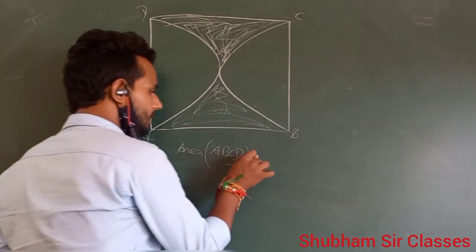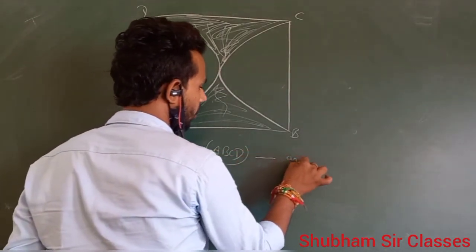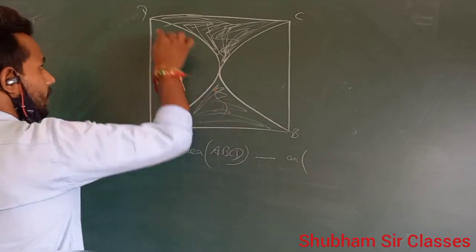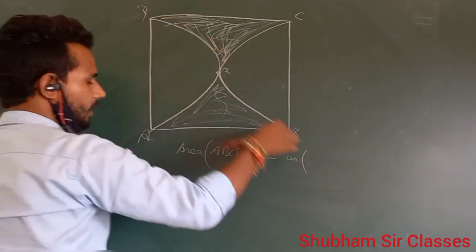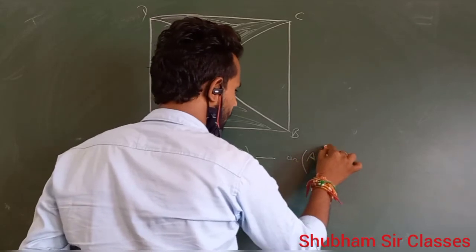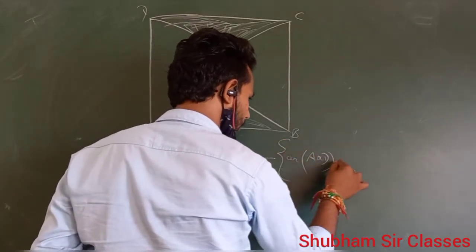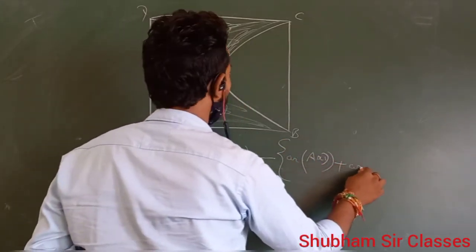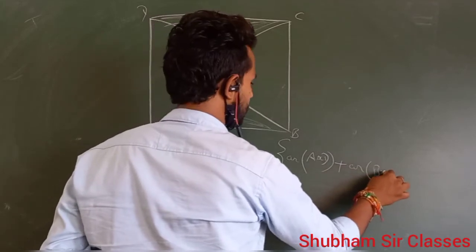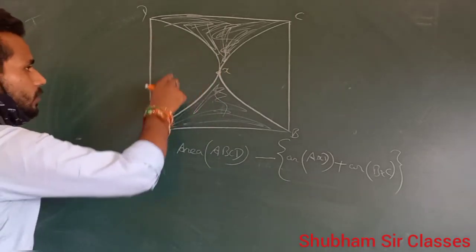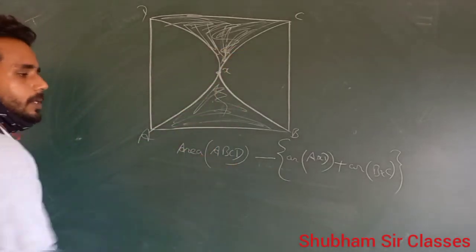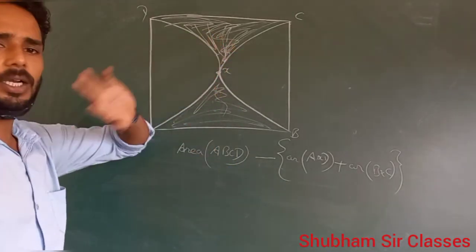And if I subtract the areas of the semicircles, suppose this point is X, so AXB plus BXC, if we add the areas of these two and subtract from ABCD, we will get the area of the shaded part.